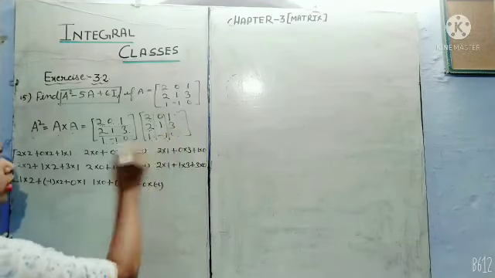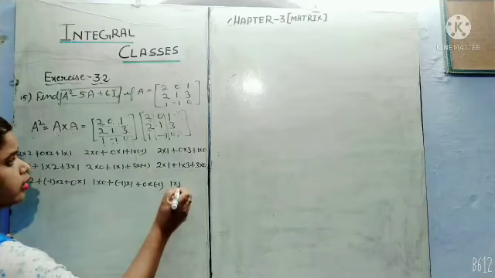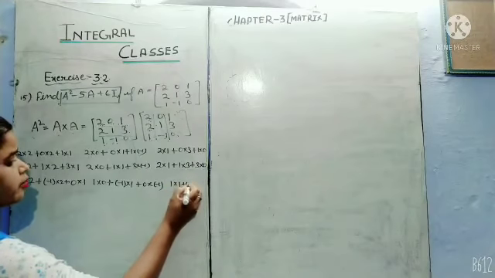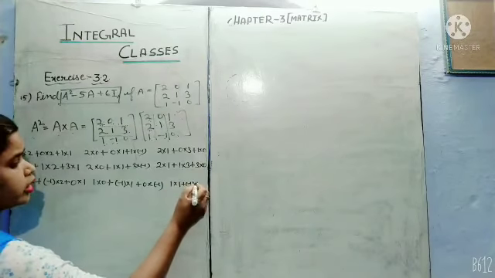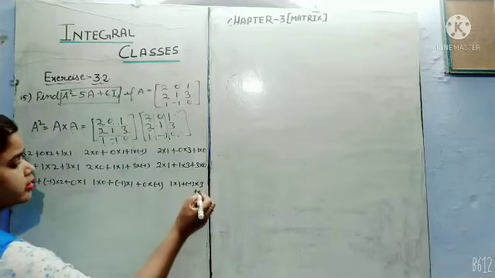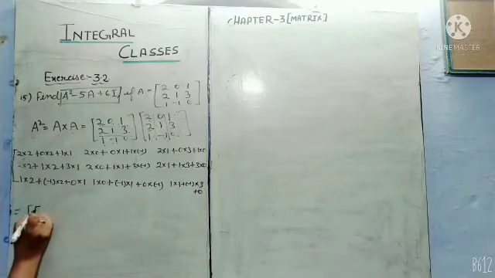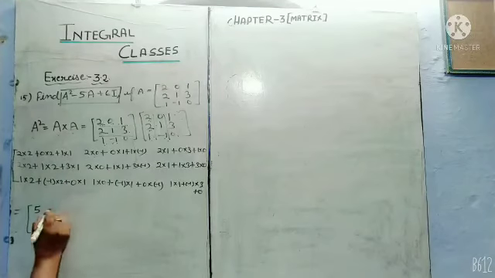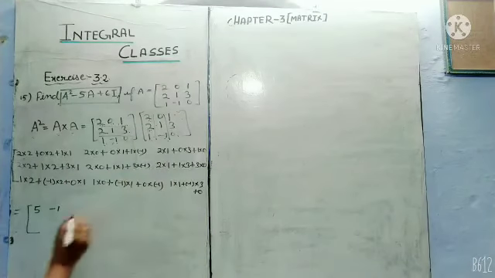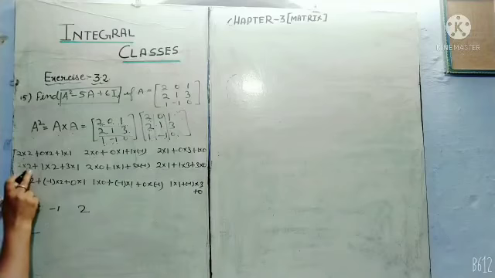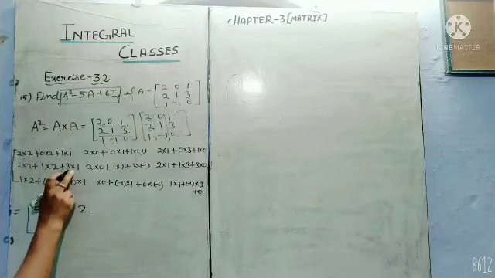Now for the third column, 1 into 1 plus minus 1 into 3 and plus 0 into 0. So now we get the value of A square for this matrix: 4 plus 1 is 5, 0, 0, minus 1, 2, 2, 2, 4, 4, 2, 6, 6, 3, 9.